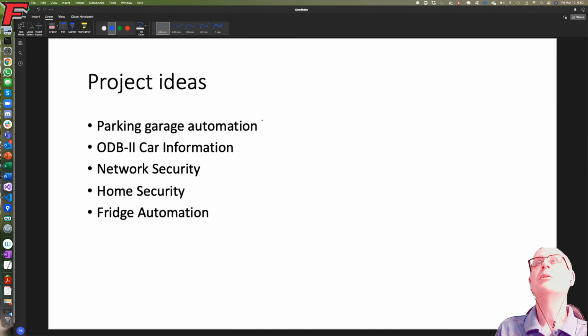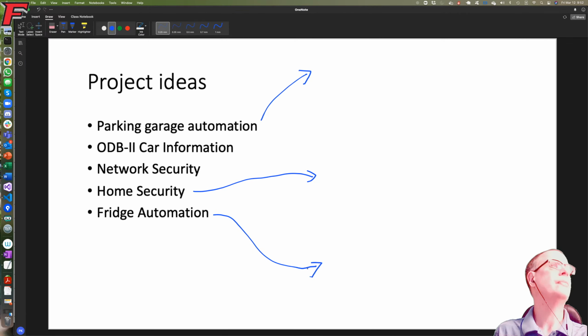So where are we? We've got the parking one, we've got home security, and we've got fridge automation. Now, we don't have Michael Gallagher or Jacob Nowak, so we'll have to see where they fit into this.